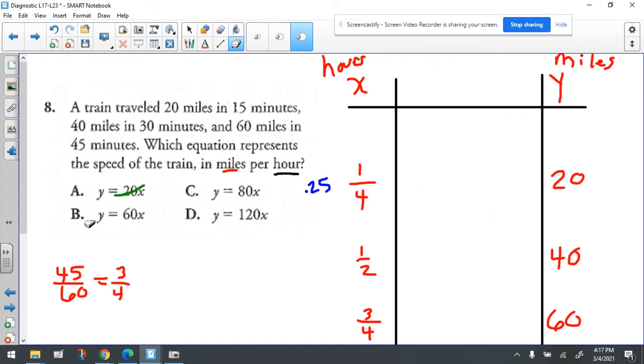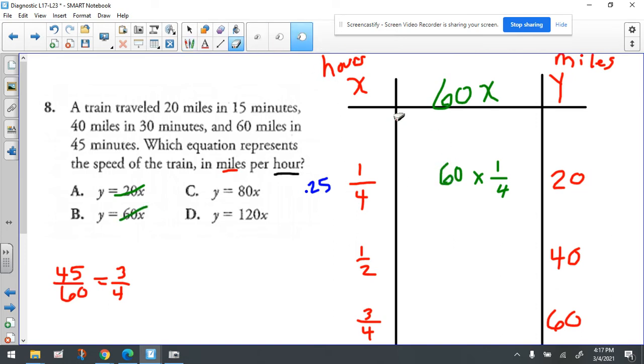Let's try choice B, which is 60 times x. If we take the 60 and multiply it with x, which in this case is 1/4, do we get 20? And the answer to that question is no, so we can go ahead and eliminate that.